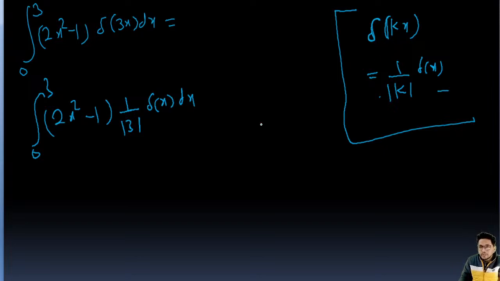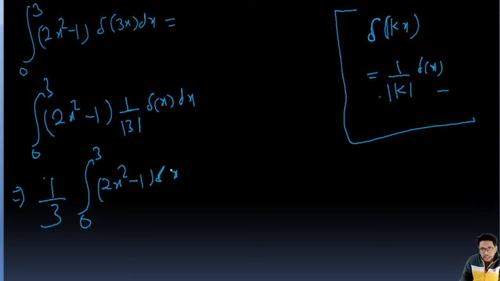So that implies 1 upon 3, since mod 3 is 3, and this is going to be 0 to 3, 2x square minus 1, delta x. Delta x we can write as delta x minus 0, because I already mentioned this. If we add or subtract 0, that doesn't change the value.